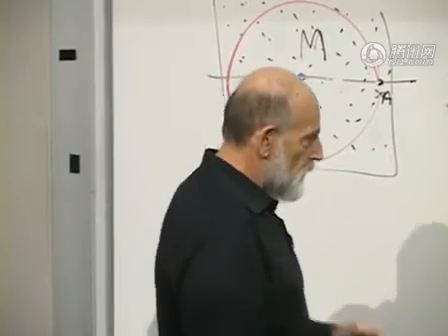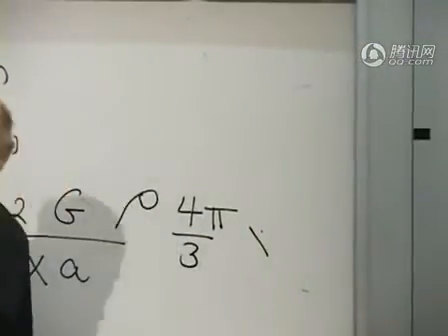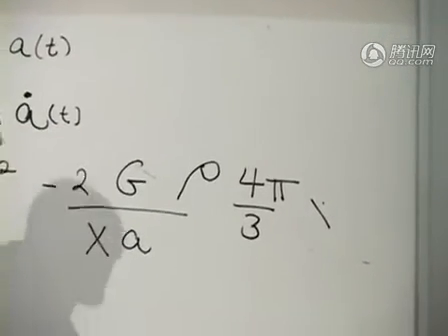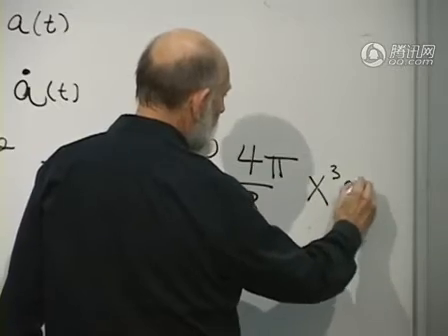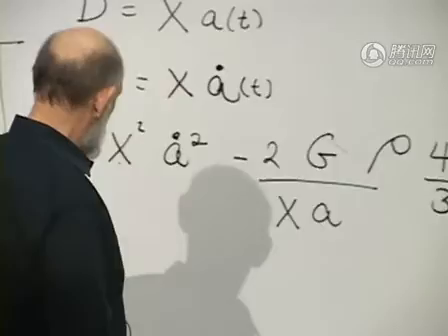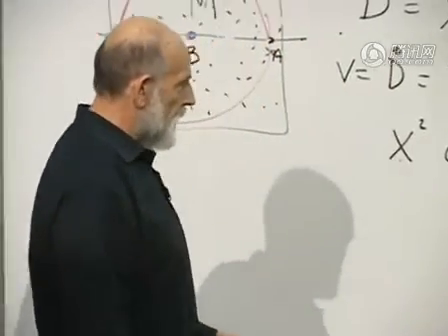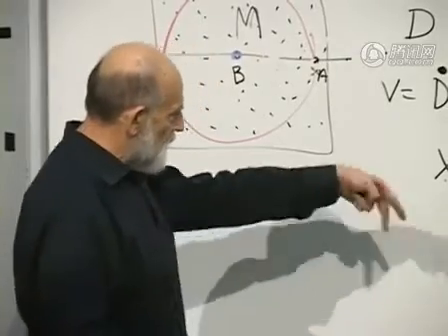D cubed, if you like. D cubed, which is x cubed a cubed. All right, so let's put it together. It's a mess, but let's combine it.